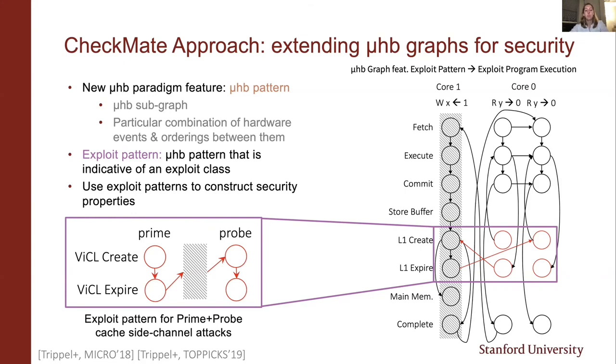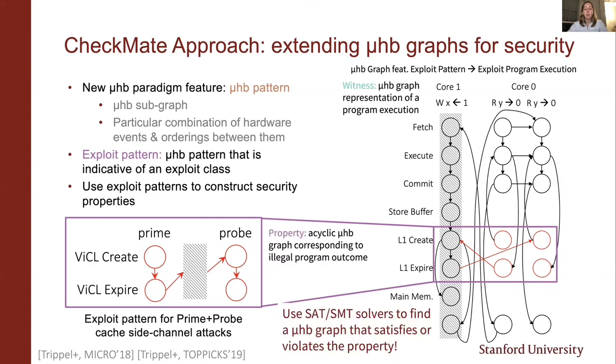The CheckMate approach is based on the idea that if we can formalize classes of security exploits as MuHB exploit patterns, and if we can formalize hardware-specific program executions as directed graphs, then a MuHB graph that features an exploit pattern represents an exploit program execution and a witness to an exploit pattern security property.